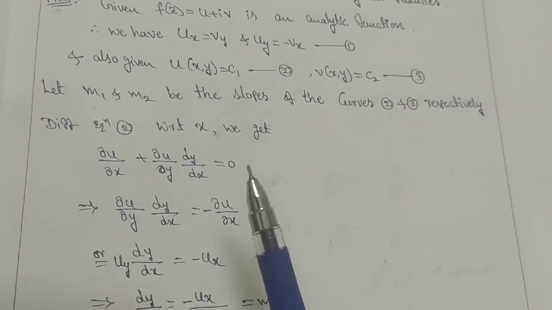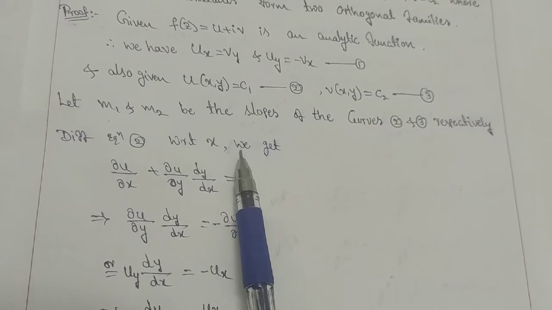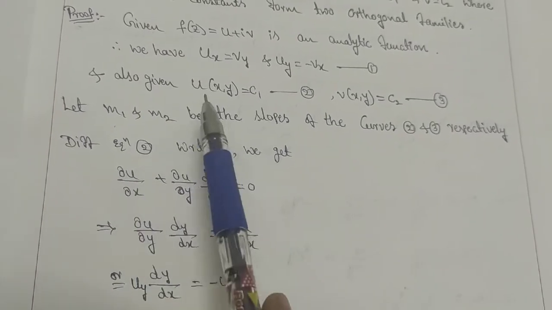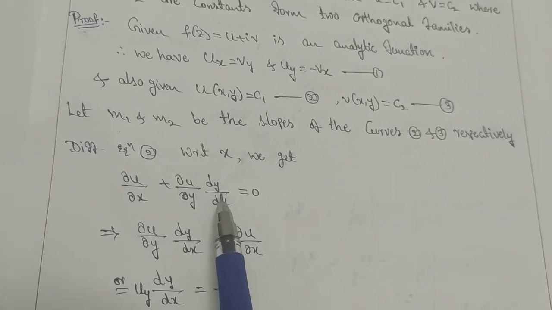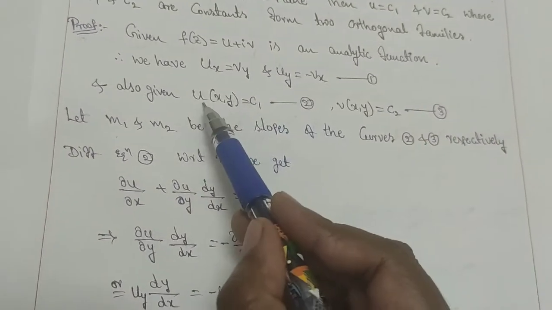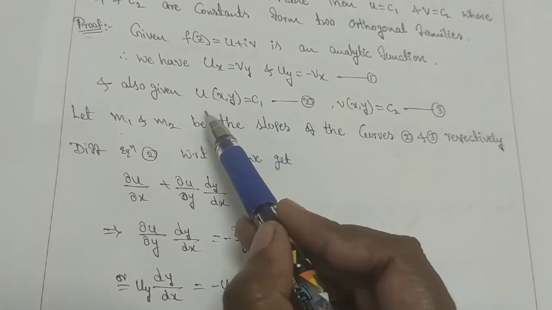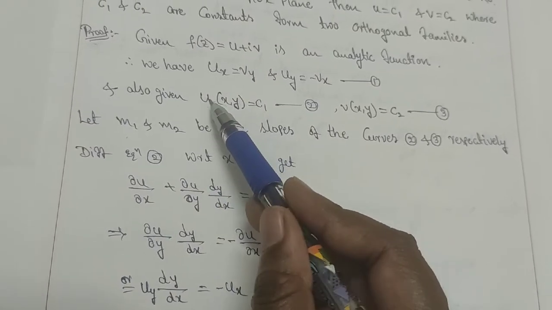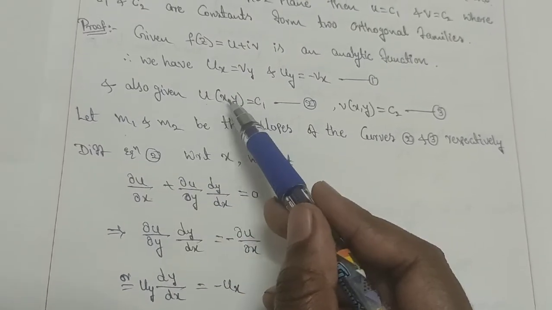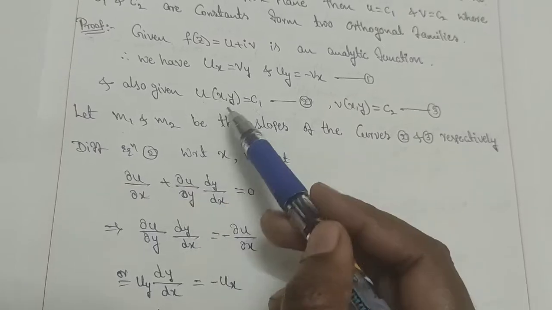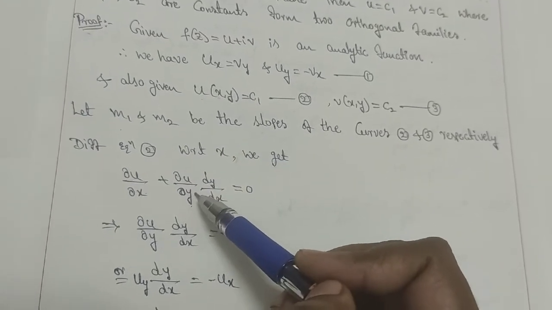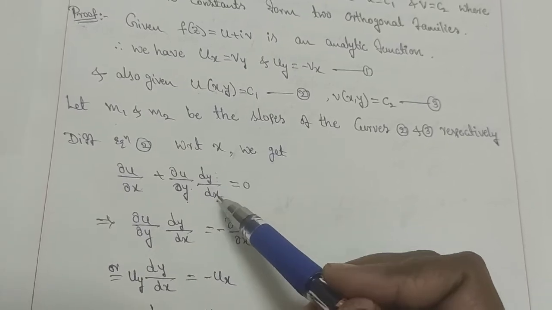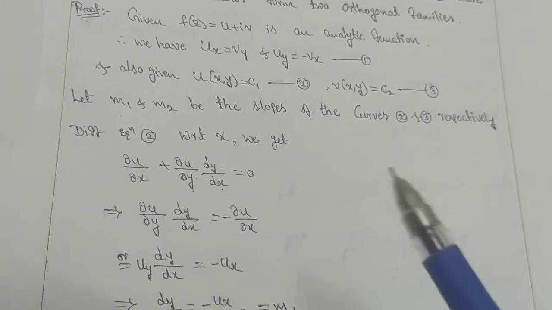Then differentiate equation 2 with respect to x. We will get dou u by dou x plus dou u by dou y into dy by dx, because u contains x and y, and y depends on x. So we will get dy by dx, that is equals to 0.